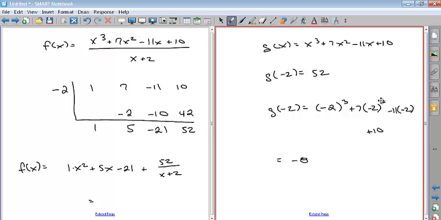So negative 2 squared is positive 4 times 7 is 28. Negative 2 times negative 11 is positive 22, and add 10. So negative 8 plus 28 is 20. 20 plus 22 is 42. 42 plus 10 is 52. So you can see it does work out.